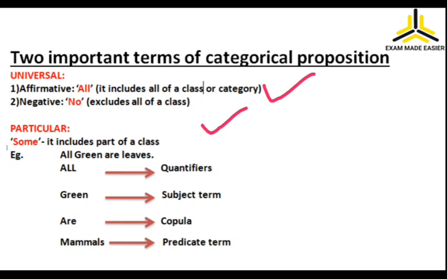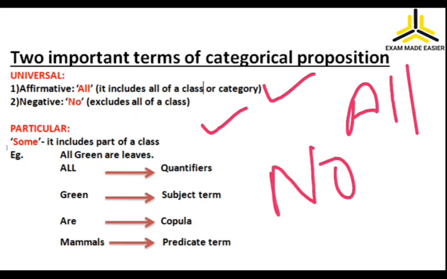Now what is universal affirmative? Whenever the word "all" comes in a sentence, that is universal affirmative. And if "no" is coming, then that is called negative. For example, all shopkeepers are cheats uses the universal affirmative term.